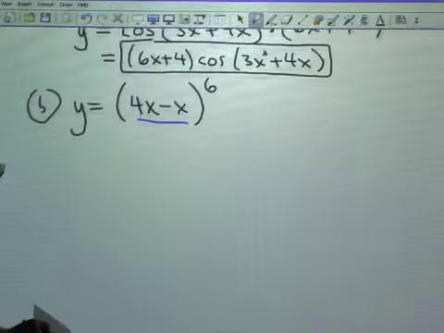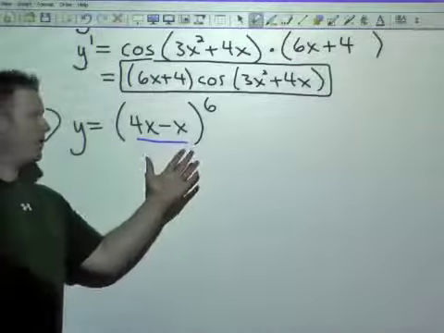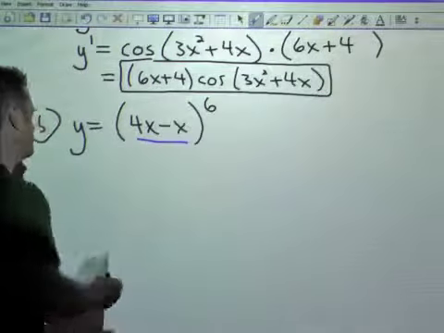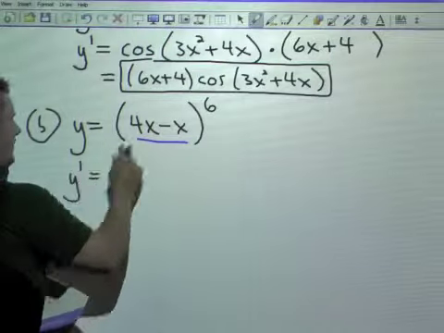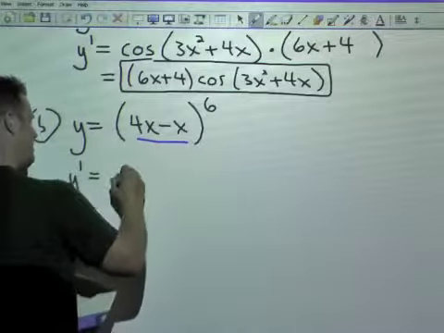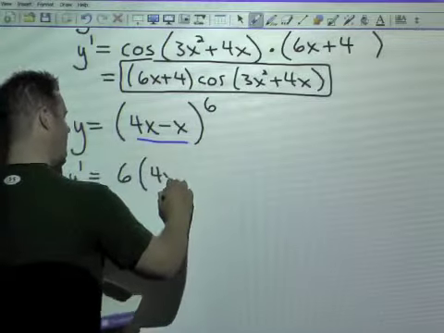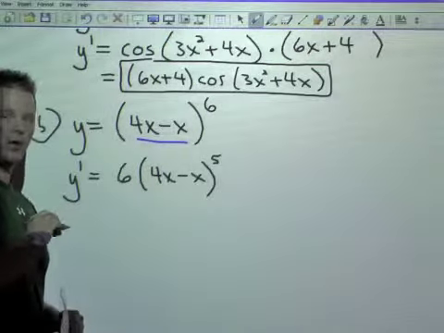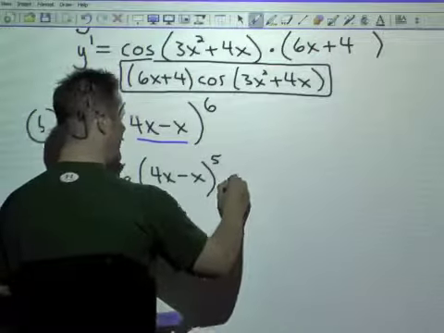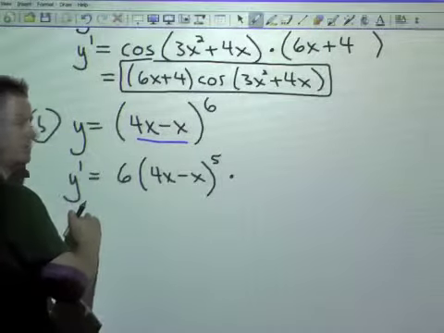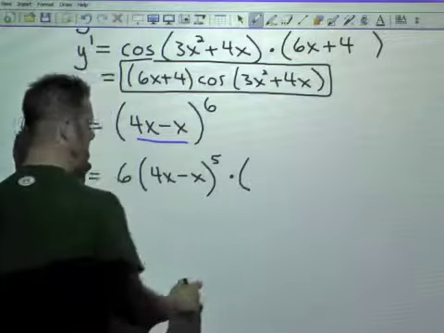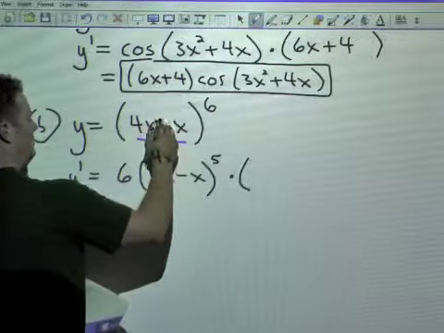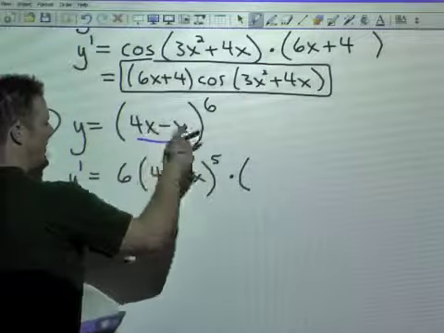Okay, the second example, the outside function now is sixth power. It's like something to the sixth. So the derivative of something to the sixth is 6 times that something to the fifth. That's the normal power rule, multiplied by the derivative of the inside function. The derivative of the inside function is going to be, hold it. I should have had, that's okay. 4x minus x.